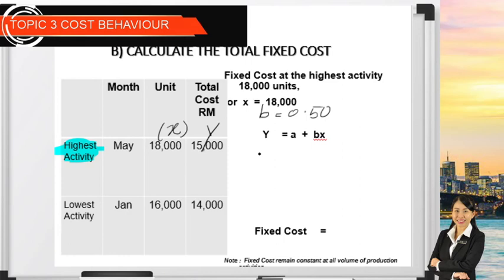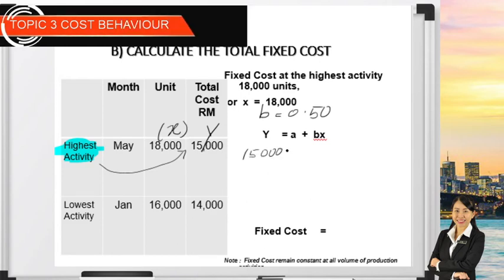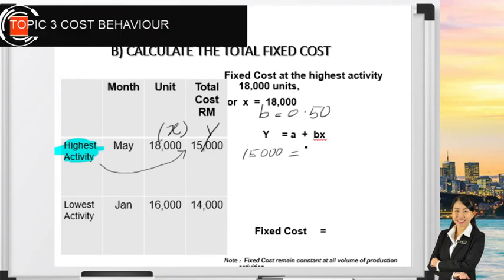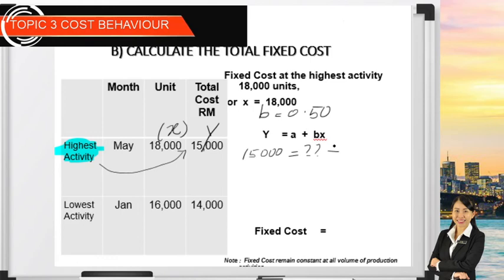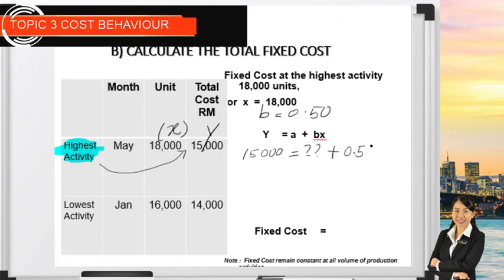So our y, if we use the highest activity, is 15,000. A, we don't know. We want to find it now. Our b is 50 cents, multiplied with our x, which is 18,000.